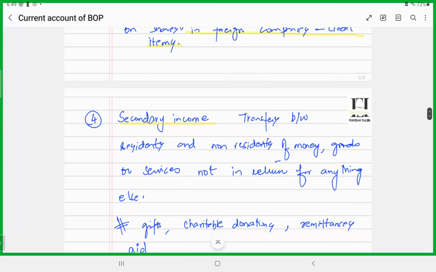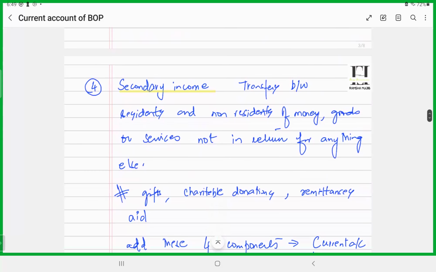Now comes the last component of current account, which is secondary income. Secondary income records what? Transfers between residents and non-residents of money, goods or services not in return for anything else. So what does this record?